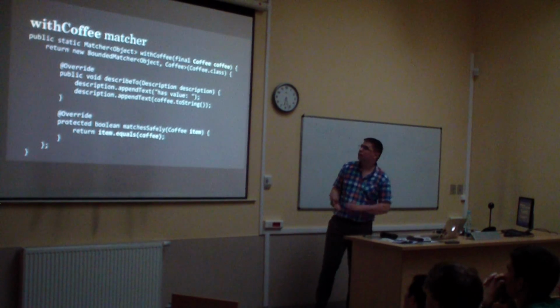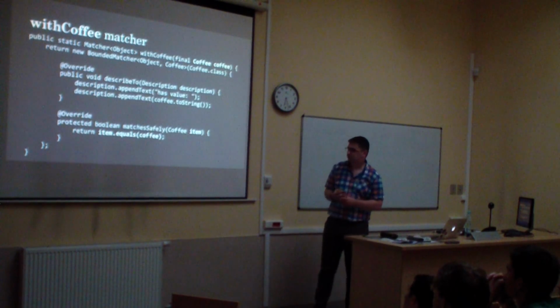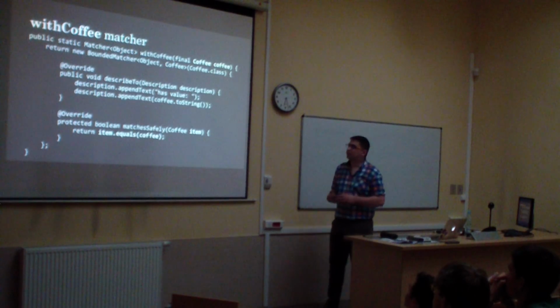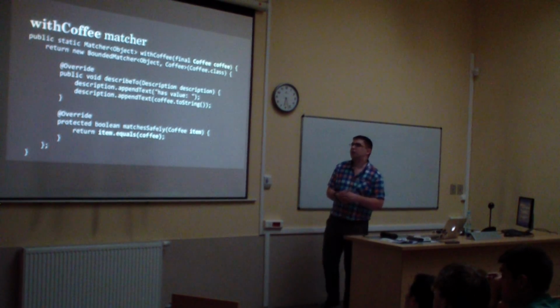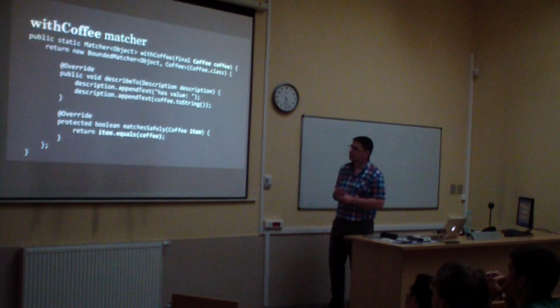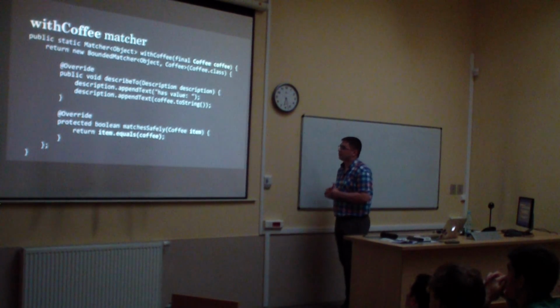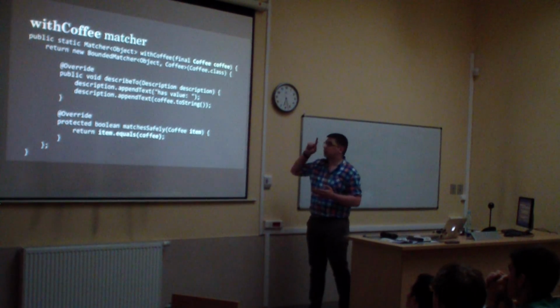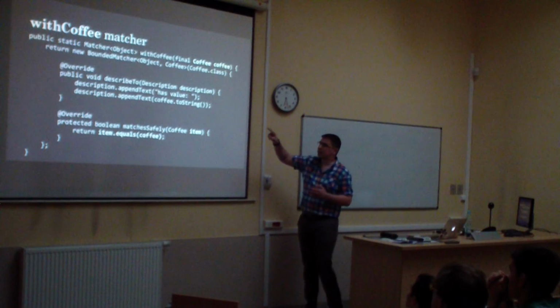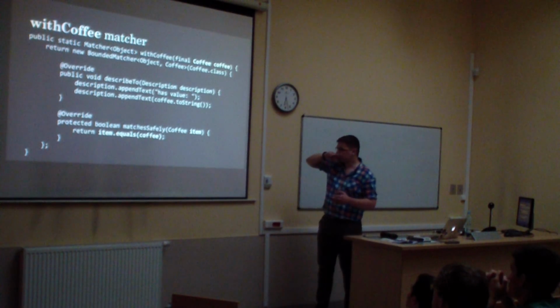And right now, a few words about this matcher. We have different types of matchers, and in this case, it's a bounded matcher. The main idea of a bounded matcher is that we must have a subtype. In this case, the subtype is Coffee.